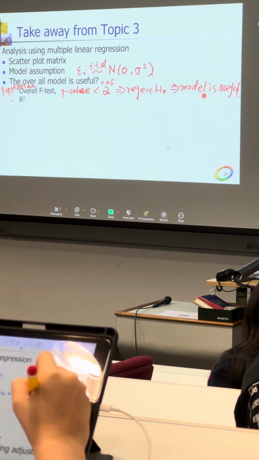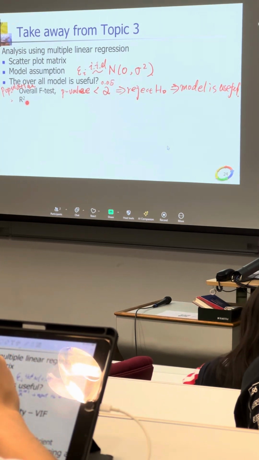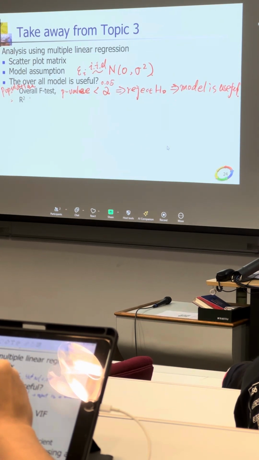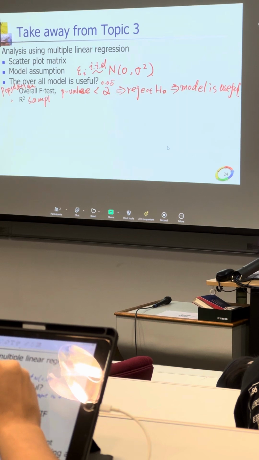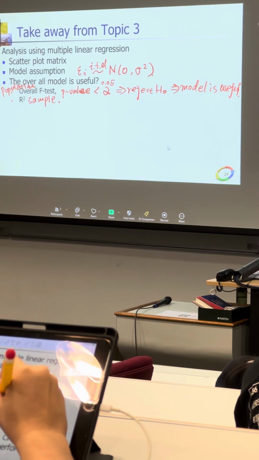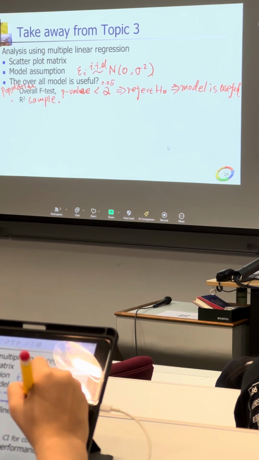If the model is useful, we further interpret the R square. R square tells you how useful the model is in the sample, in this particular data set. If the R square is larger than or equal to 80%, that means the model is very good already.